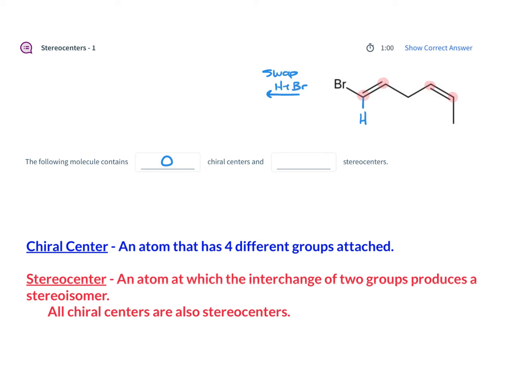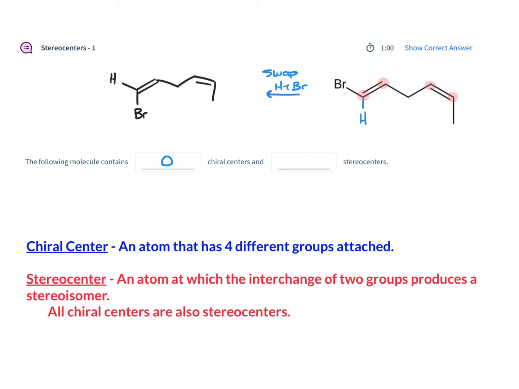And we'll draw what we get from doing this. Right, remembering that the double bond locks things in place, I have a pair of molecules that are non-superimposable and they're not mirror images.